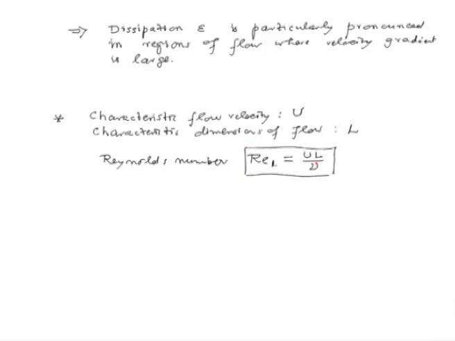In turbulent flows, we are particularly interested in what we call large Reynolds number flows. So, turbulent flows happen when this Re_L is very large. Now, what is this very large? That again is dependent on the problem.